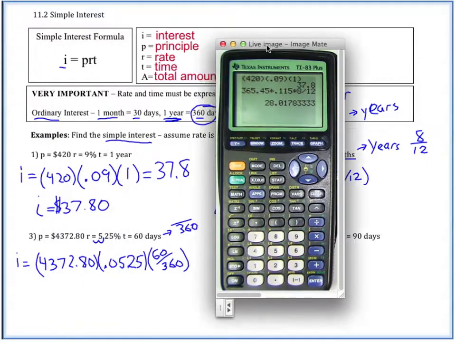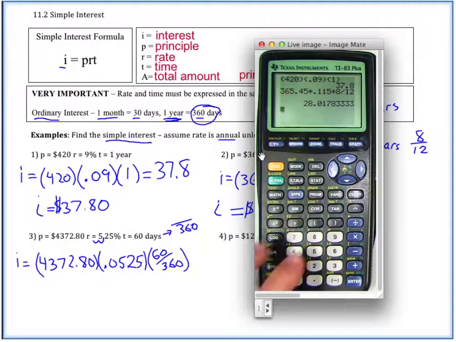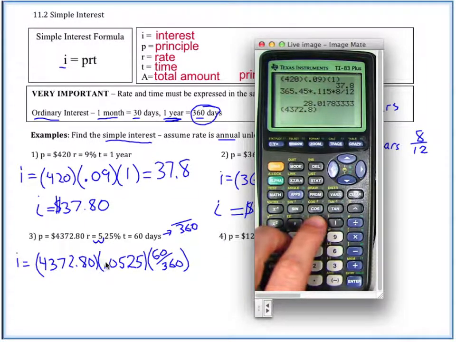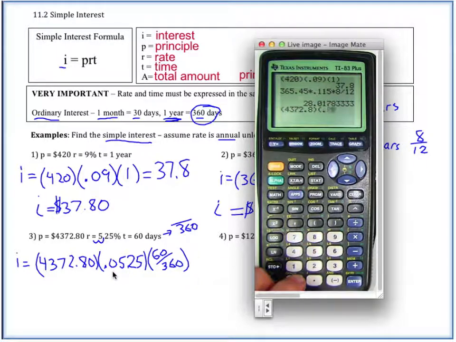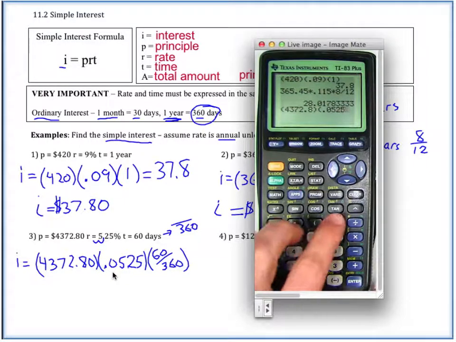Okay, so let's pull up our calculator again. I'll use parentheses this time. 4372.8. Notice I don't even have to put the 0 here because it's at the end. So that one doesn't matter. But this next one, this 0 does matter because it's in front. So 0.0525.